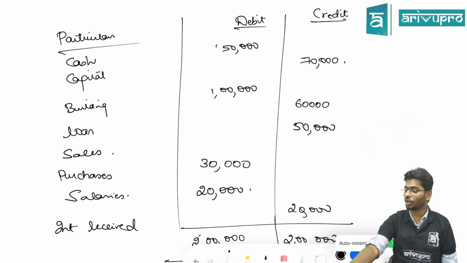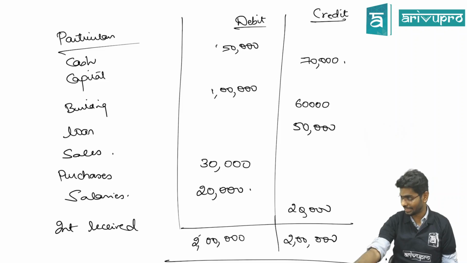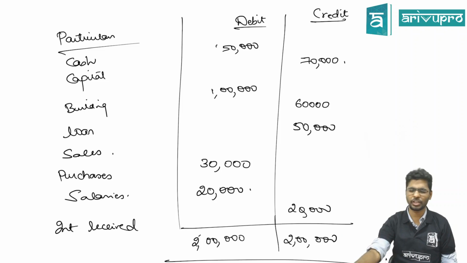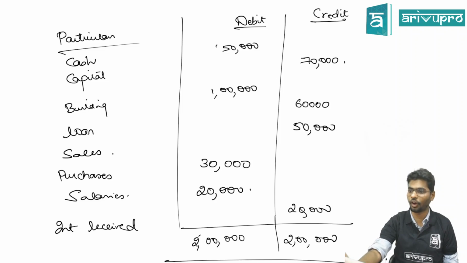And when we did the chapter on capital and revenue, I told you assets come in the balance sheet, expenses come in the profit and loss account. So whatever is on the debit side can either be an asset or an expense. Now let us focus on the debit side and classify whether it is an asset or an expense.